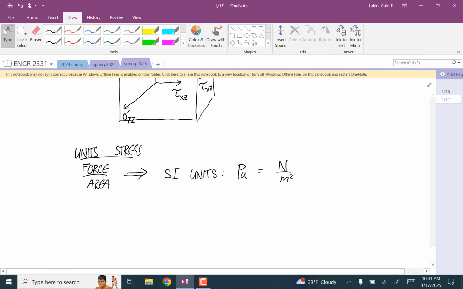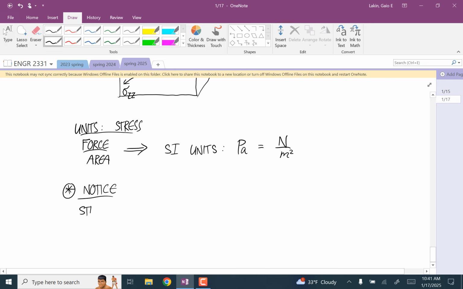Often, and this is important, stress will be given in megapascals or even gigapascals.